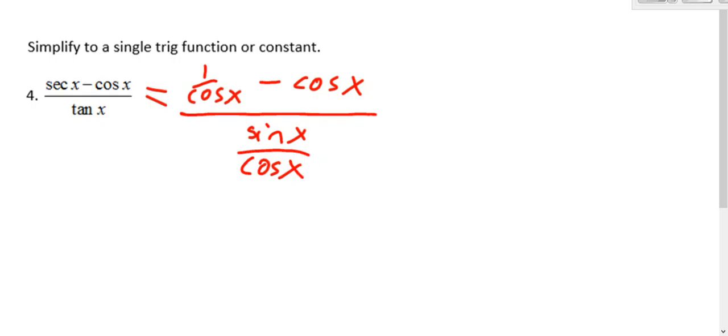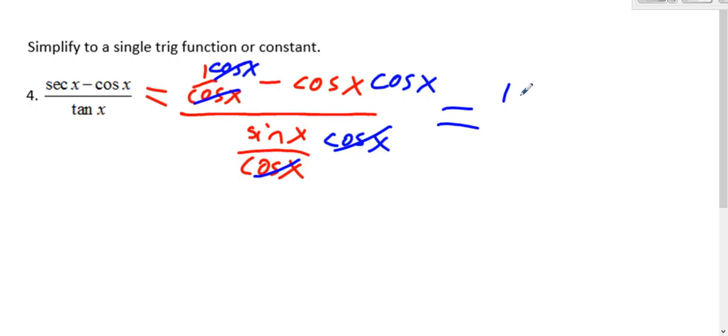Now you can see that there's a lot of denominators of cosine, so let's multiply every term by cosine. So that's 1 minus cosine squared over sine.